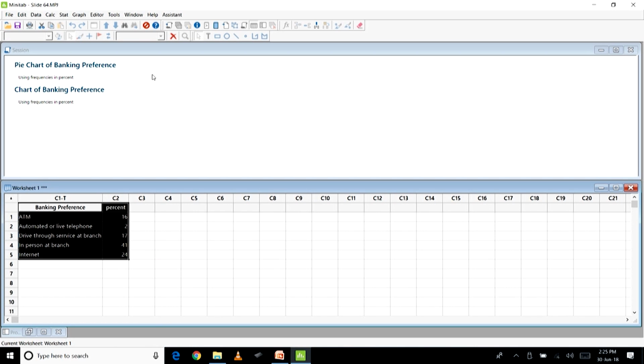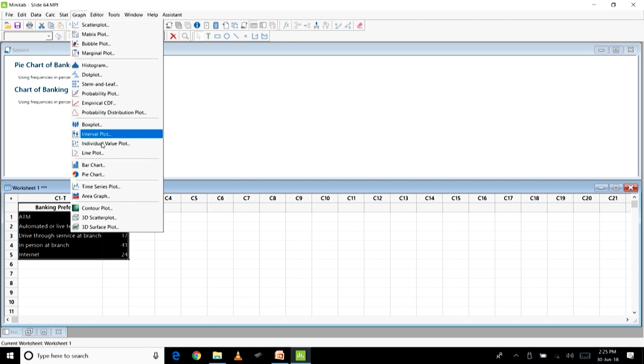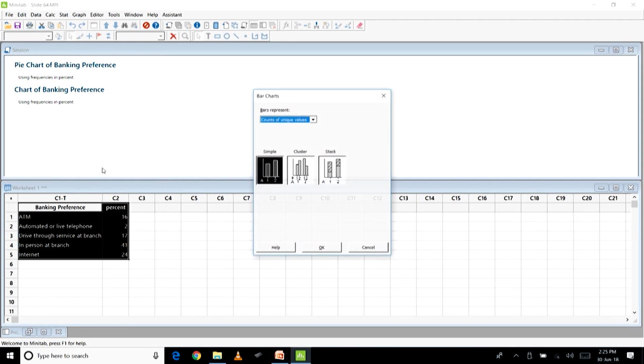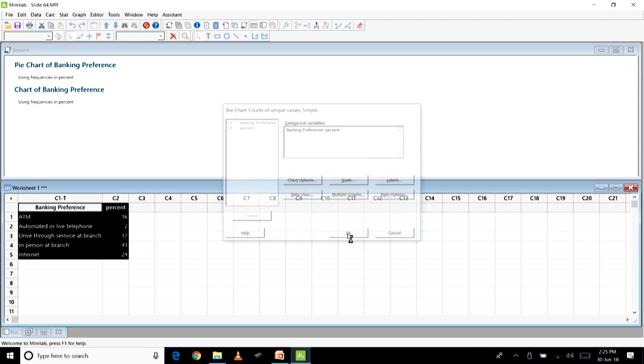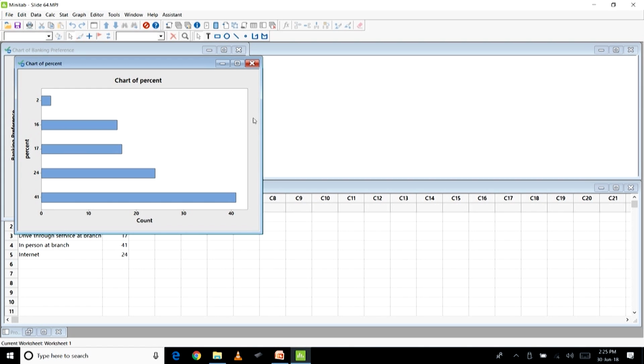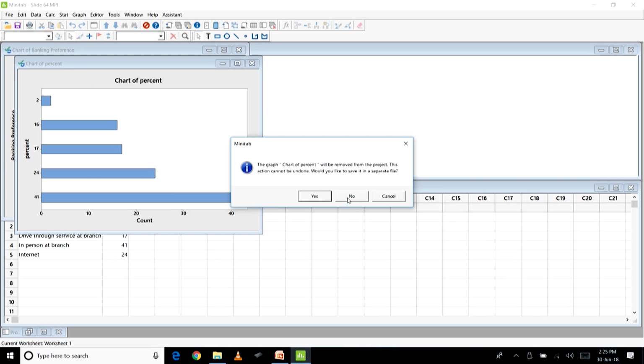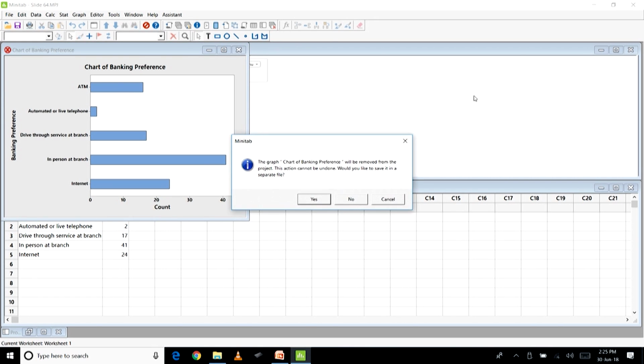Once you are done with data entry, go to Graph, in Graph go to Bar Chart, click OK, and select these two columns, C1 banking preference and C2 percentage. Select both of them and then press OK. You will get a bar chart like this for this particular example. We will move on to the slides once again.